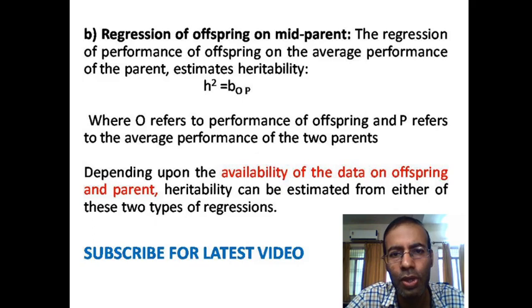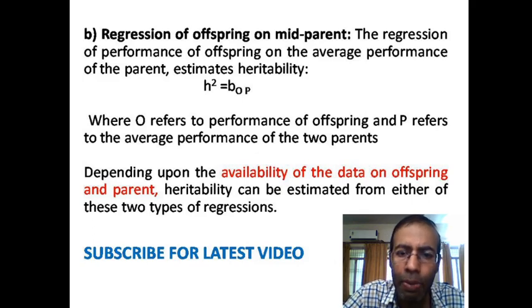Their average value will be used. So the regression of performance of offspring on the average performance of parent estimate the narrow sense heritability. Here the formula is heritability equal to BOP. B is regression coefficient. Here O refers to the performance of offspring and P refers to average performance of the two parents.